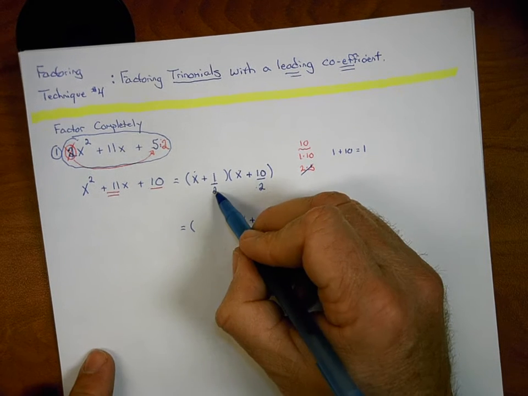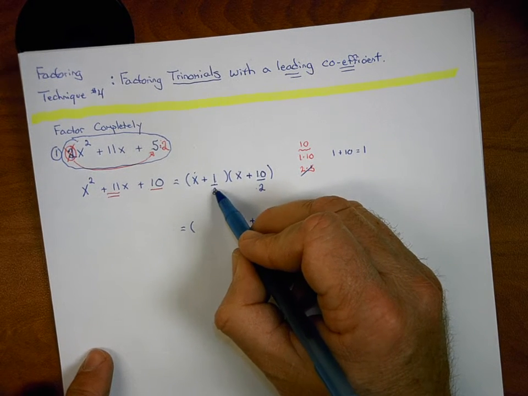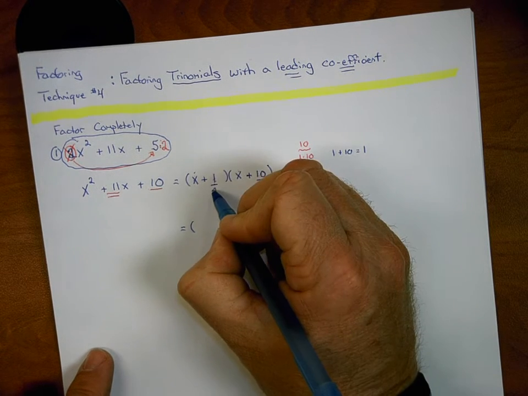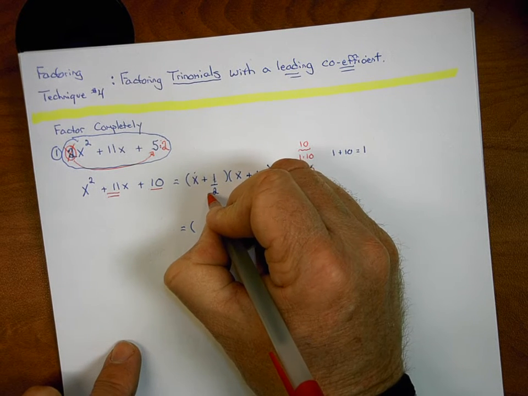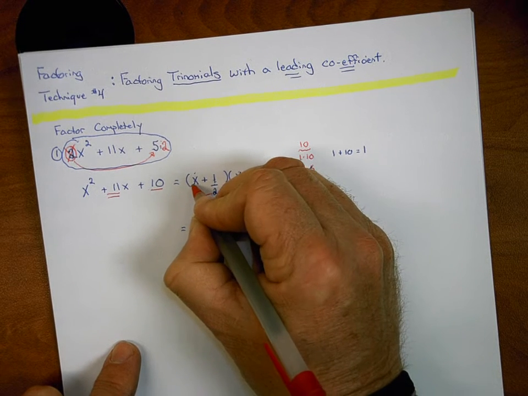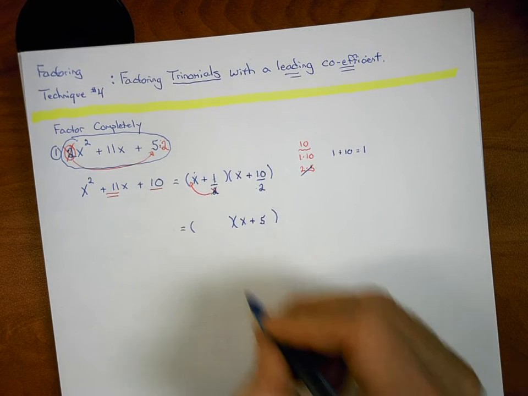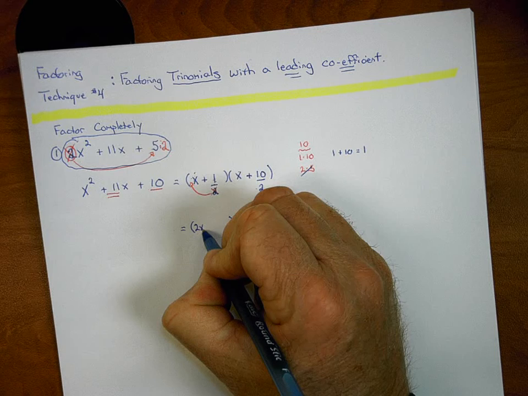However, if the 2 does not divide in evenly, like right here, 2 does not divide into 1, what you do is you take the bottom number, and if it does not divide in evenly, you move it to the front of the x. You make it a leading coefficient again. So that 2 would move into the front, and then we put plus 1.